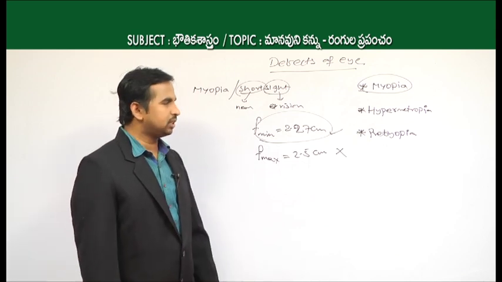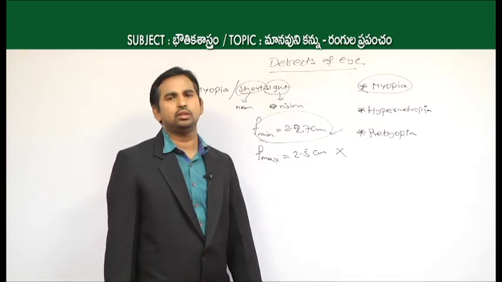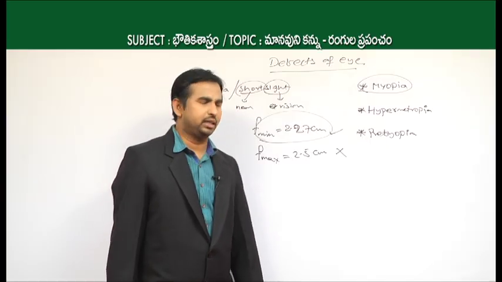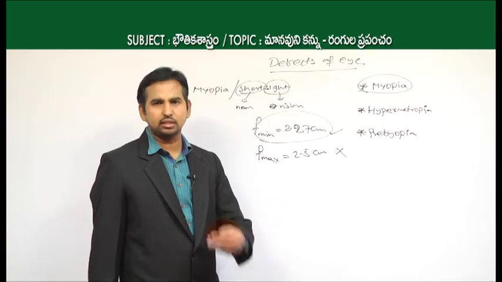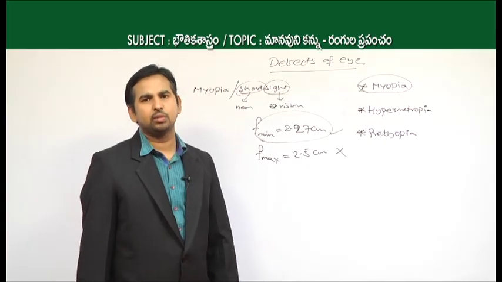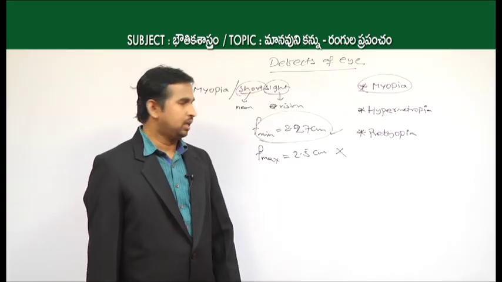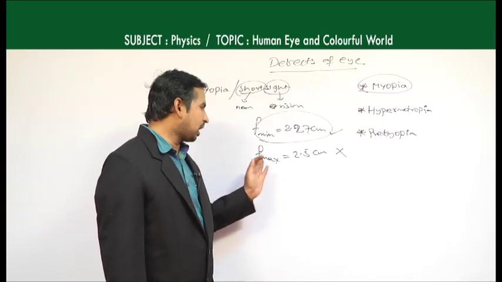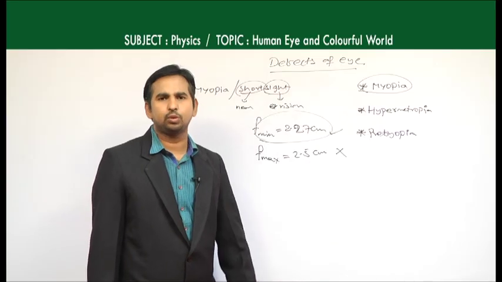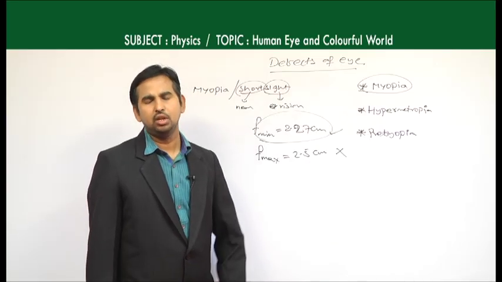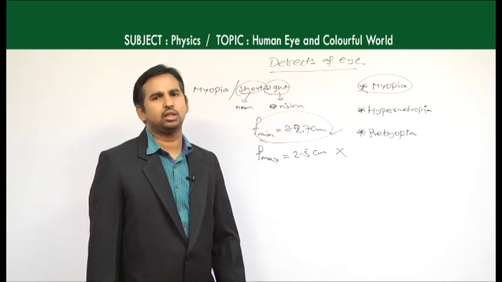So what happens is, when the light rays form the image on the retina, as the focal length is less, the light rays form the image before the retina only. That is the problem. Because with the maximum focal length of 2.5 centimeters, they form the image exactly on the retina.